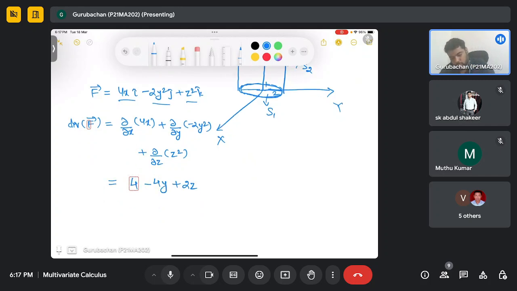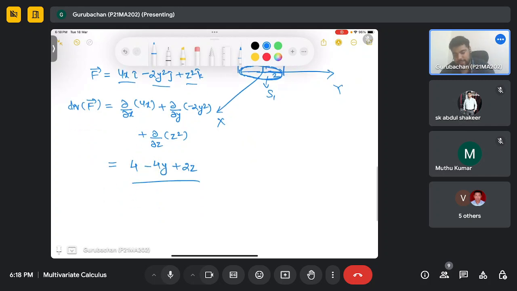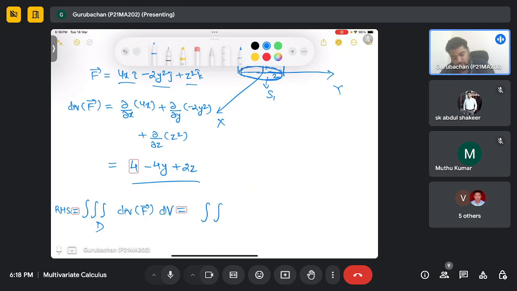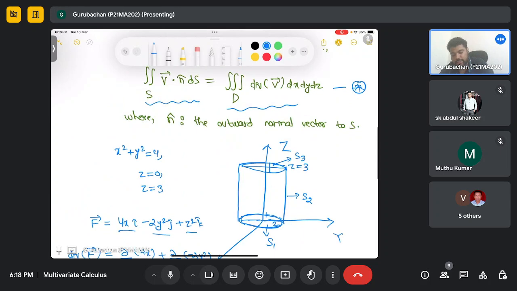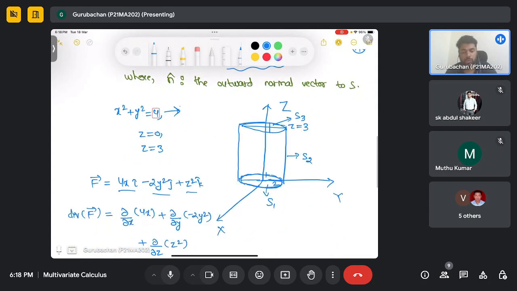So now we know the divergence. The next task is to calculate the right hand side, where we are integrating the divergence of f over dv. If you look into this, this is nothing but a circle of radius 2 centered at 0, 0.